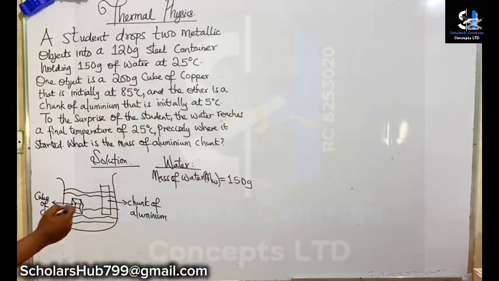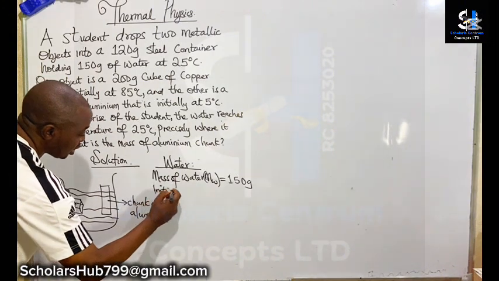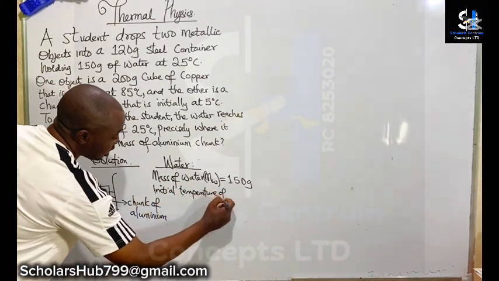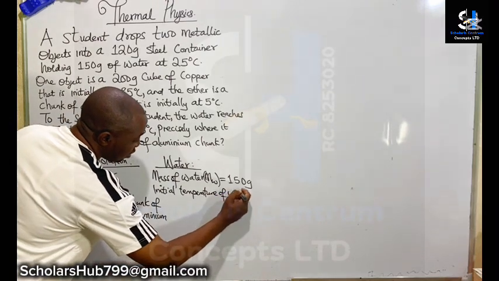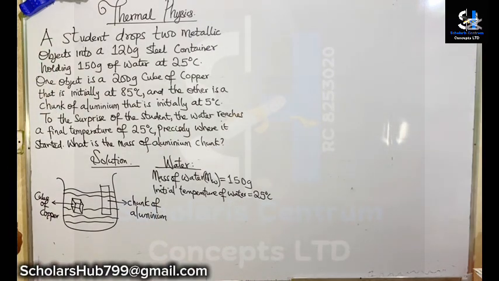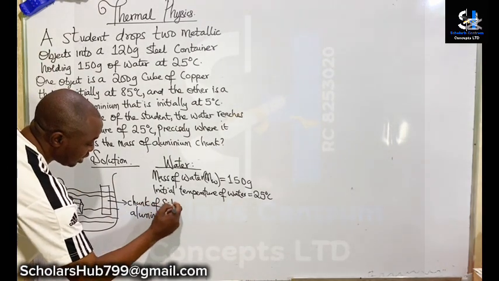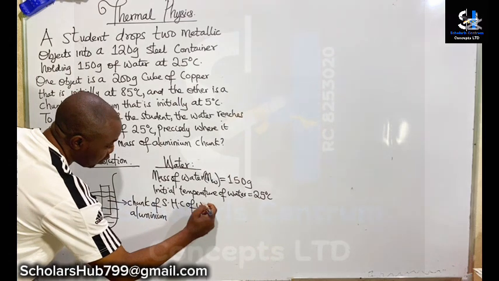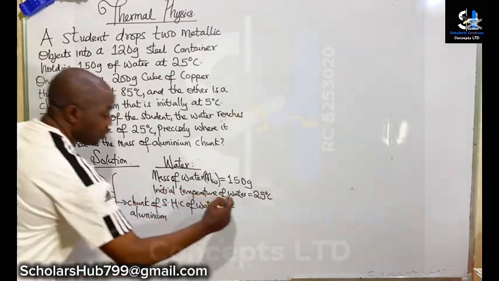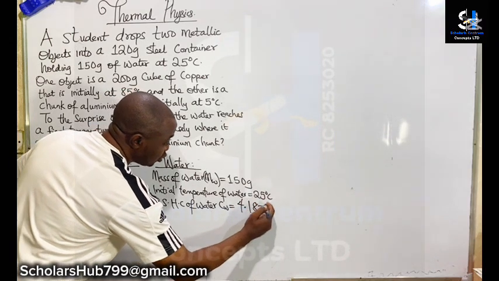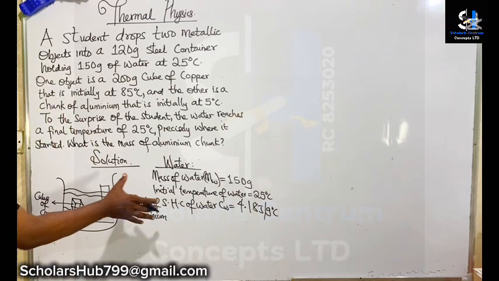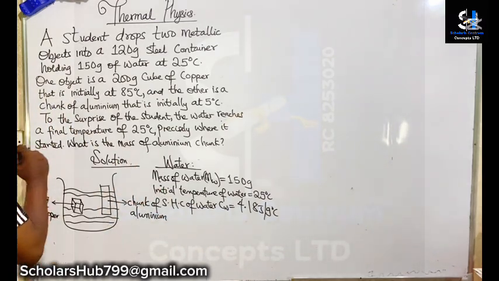The initial temperature of water is 25 degrees Celsius. We also need the specific heat capacity of water, which is 4.18 joules per gram per degree Celsius. So these are the information for water.